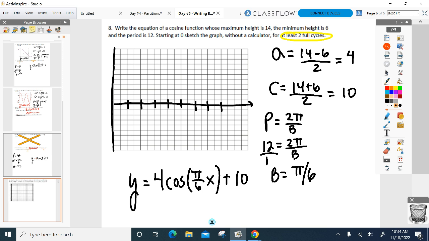All right, let's talk. Y-axis first. What values usually belong on our y-axis? In general, what 3 values belong on the y-axis? Max, min, and midline.